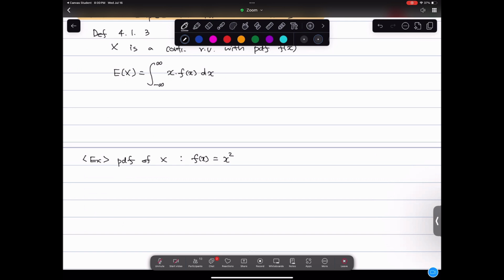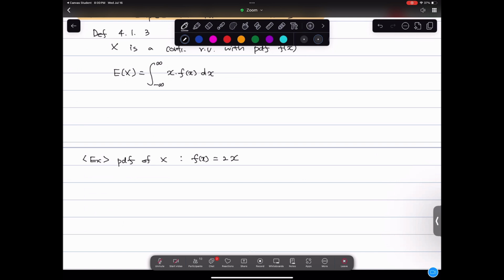I don't think this is the right PDF. I should go to x squared. No, 2x. Let's get 2x. That should do.